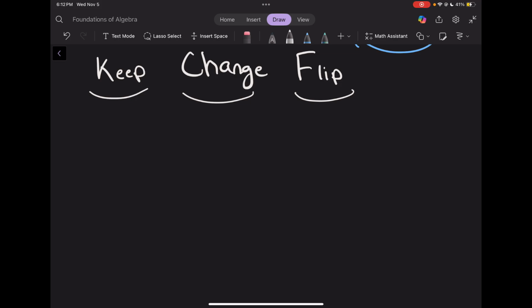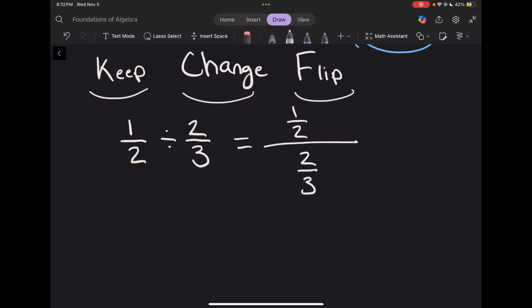Okay, so we have this rule, keep, change, flip, where let's say I have 1 over 2 divided by 2 over 3. This is also the same thing as 1 over 2 over 2 over 3. So it's like a fraction over a fraction. So what happens is I'm going to keep this left side. I'm going to change this to multiplication, and then that is going to flip.